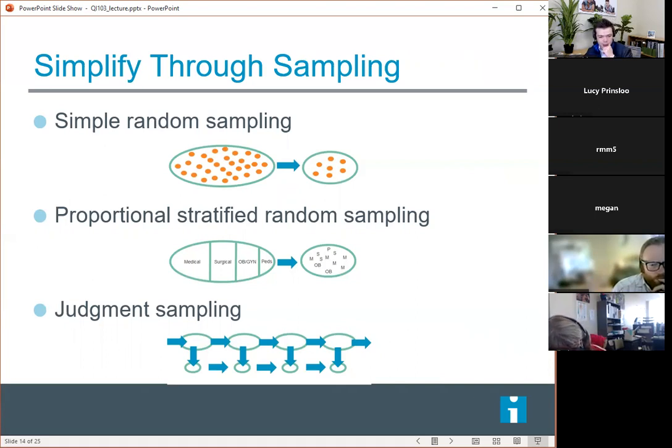Judgment sampling at the end there is slightly hocus pocus. So that's to do with something that's rare and not easily defined. And the only way you can really collect them is by having a person identify the cases through their own criteria.